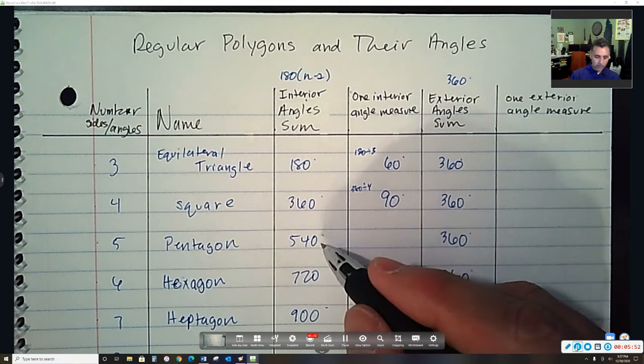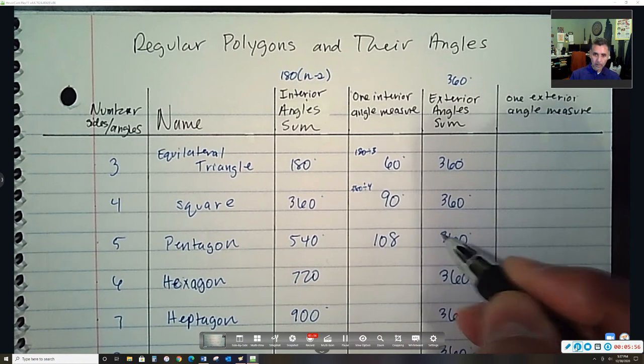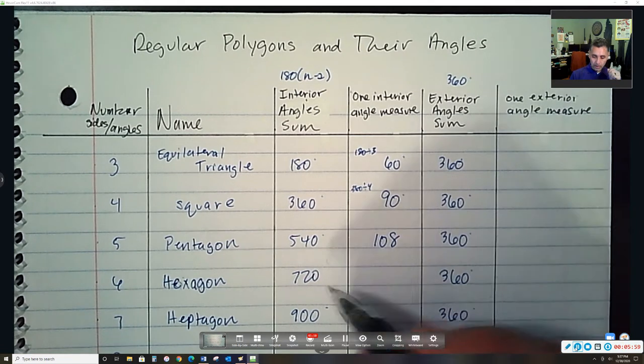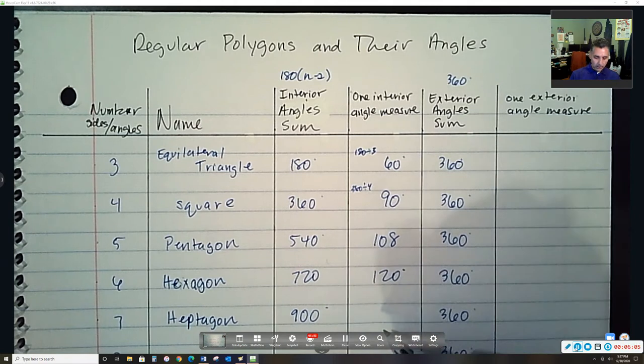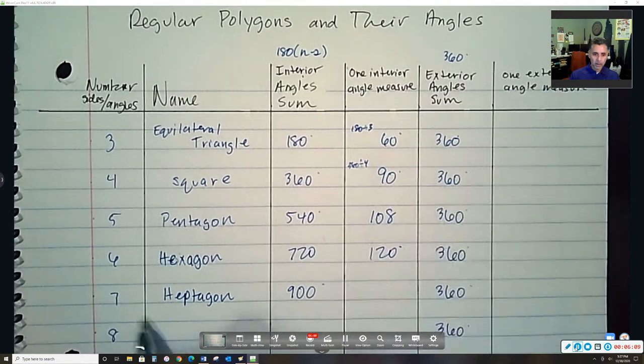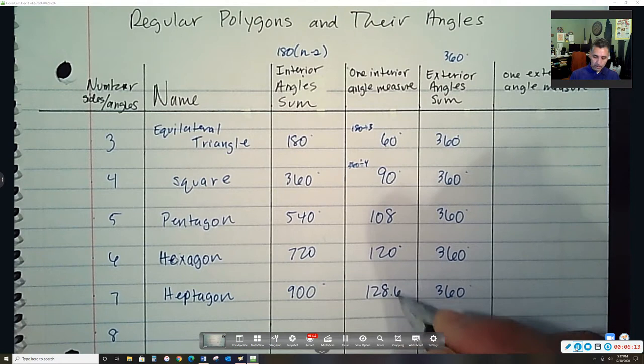Here you would do 540 divided by 5, which is 108. Here's 720 divided by 6, and then you get 120. Sometimes you do get decimals, like here when you divide by 7. Just round it to the nearest tenths.